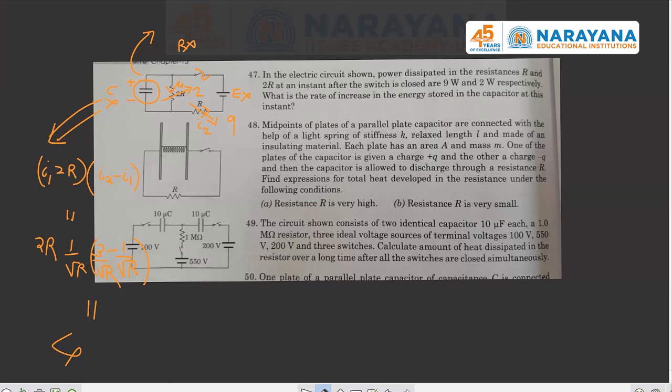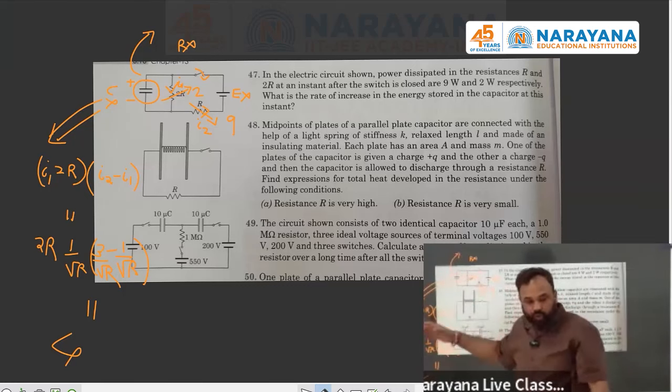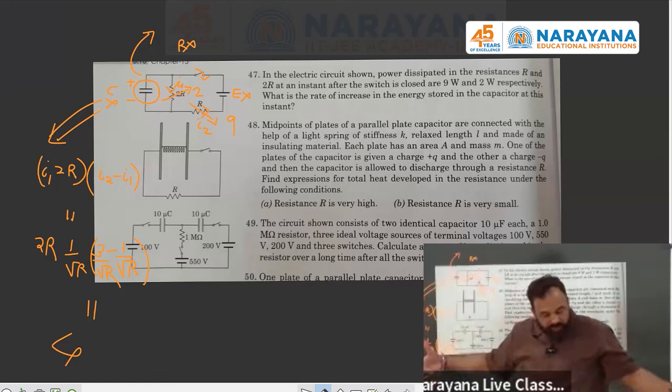Is the point understood? The main thing for me in this problem as a student would have been that the data for E, C and R is not given. Which way it is going to get eliminated is not important. So whenever you get such a problem, in JEE, when they put up this question, they will provide all the information. So don't start solving problems for the heck of it.